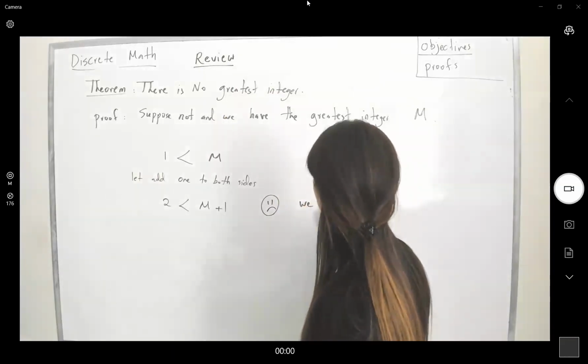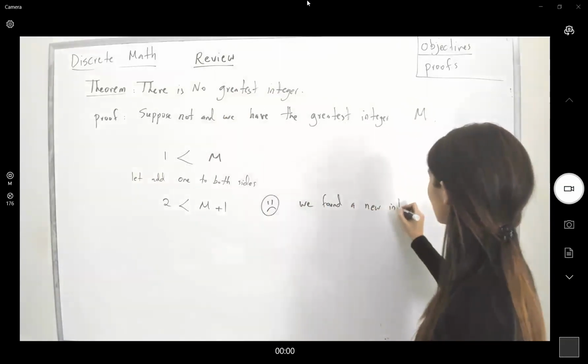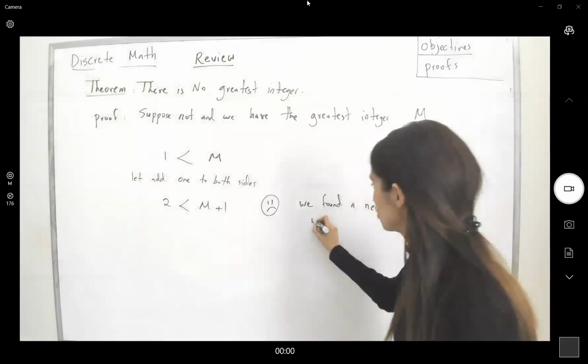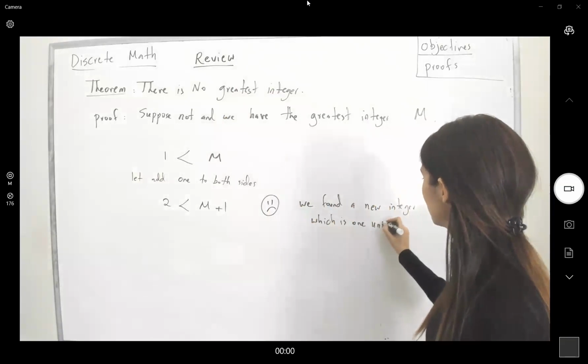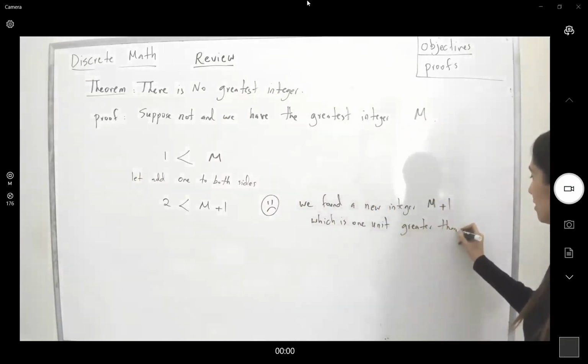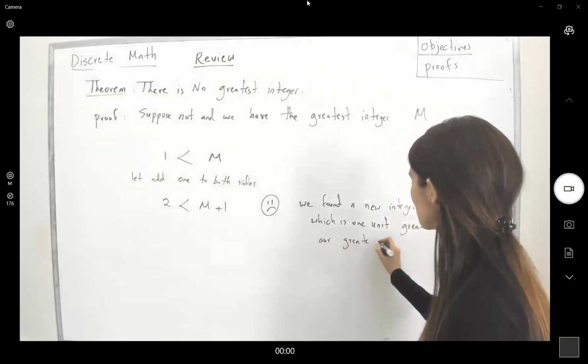We found a new integer, m plus 1, which is 1 unit greater than our greatest integer.